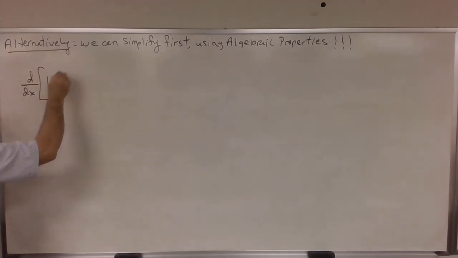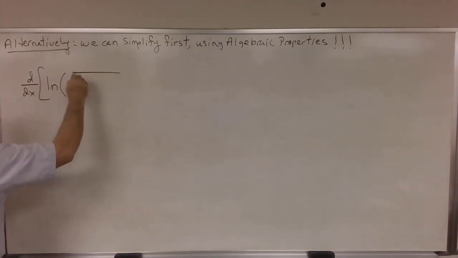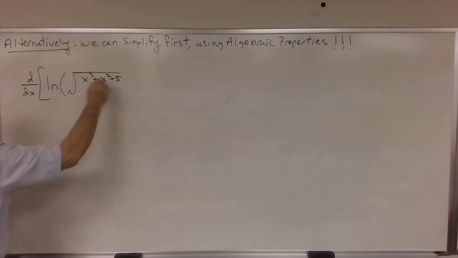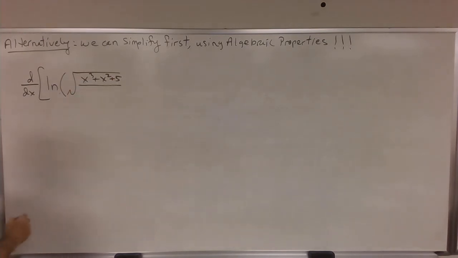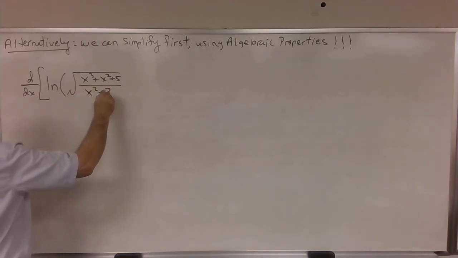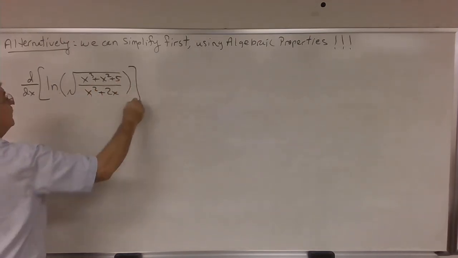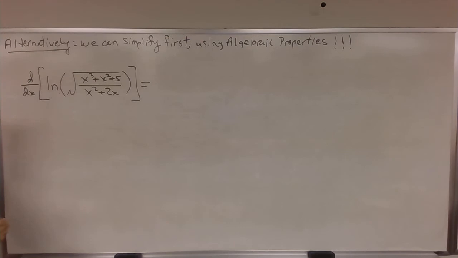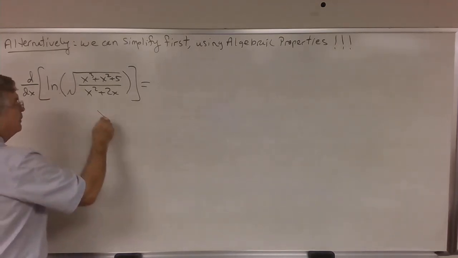Natural logarithm of the square root of x cubed plus x squared plus 5 all over, what, x squared plus 2x, let's say. So we've added the feature of a square root. Well, you know me, one of my favorite words is rewrite.